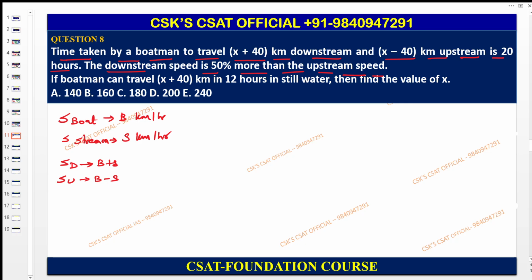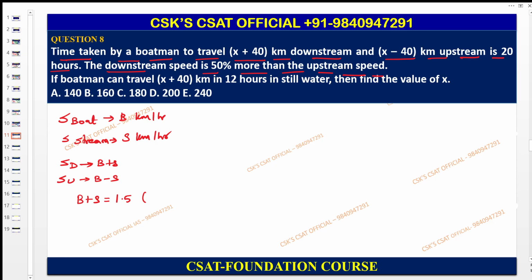Now try to understand. Let us take x and y, x is present here. So let us take the speed of the boat as b kilometer per hour. Let us take the speed of the current, or else the speed of the stream, whatever, current, river, whatever.